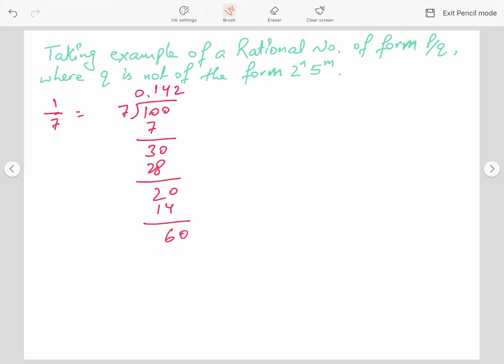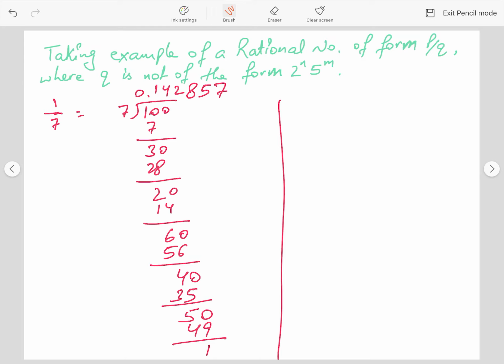Again 6 is smaller than 7, so we will take another 0. So now 7 8s are 56, remainder will be 4. Again 4 is smaller than 7, so we will take 0 and divide it. 7 5s are 35, remainder is 5, so we will take another 0 and 7 7s are 49, remainder 1.